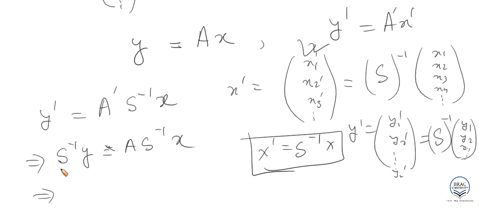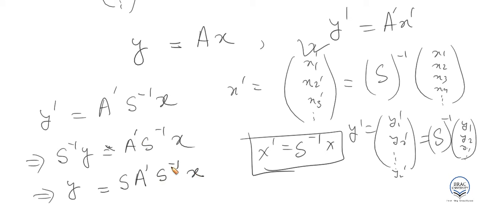Then what you need to do is just multiply both sides with S on the left. So if you do that, this guy will become y. You will have S over here, the operator A over here, sorry, not A prime, and S inverse 1 over here, and x is over here.